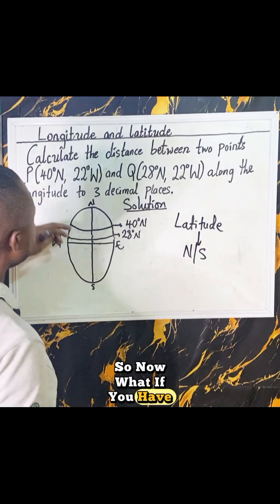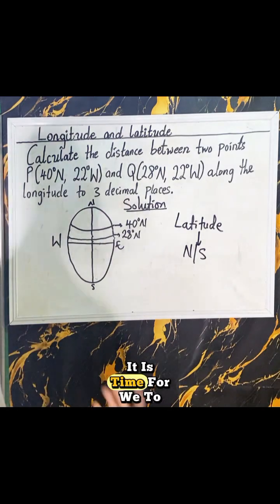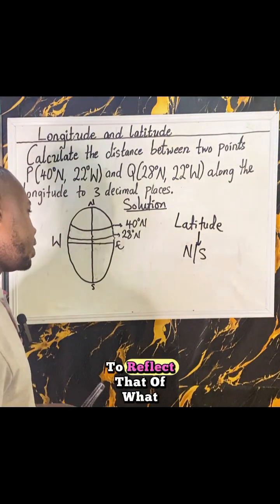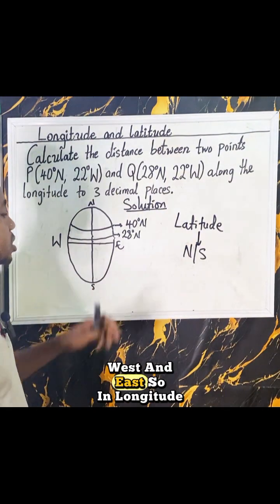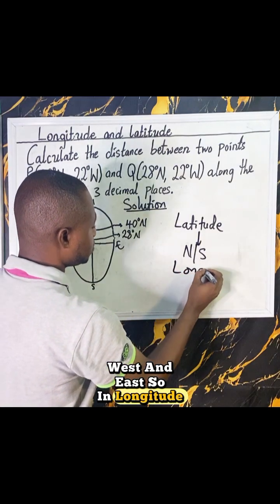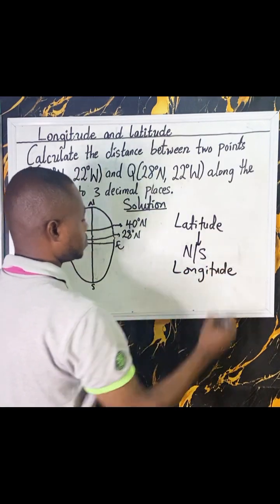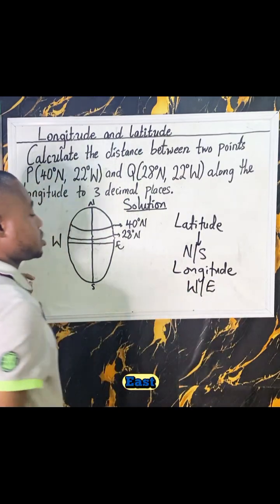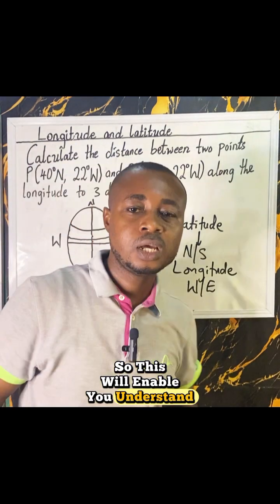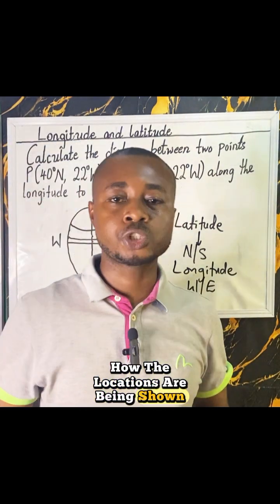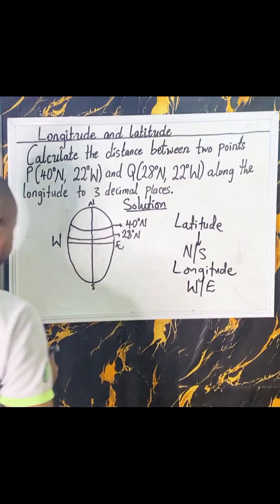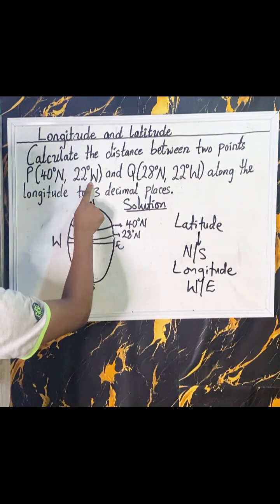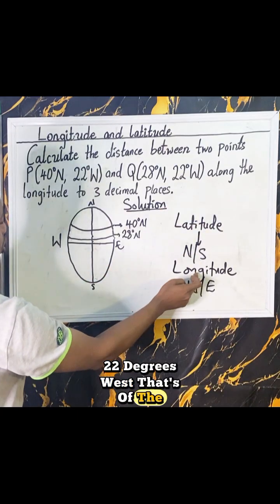So now, what if you have that of the longitude? It is time for us to show the longitude. All we need to do is to reflect west and east. So in longitude, you think of your west, then your east. So this will enable you understand how the locations are being shown. 22 degrees west, 22 degrees west, that of the longitude.